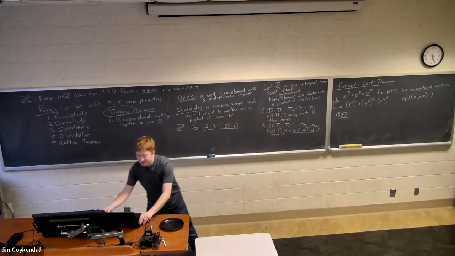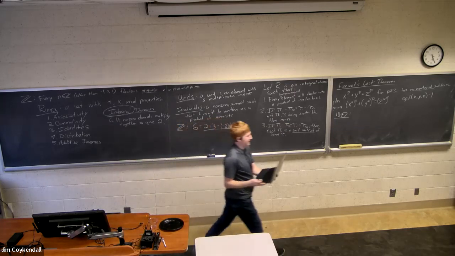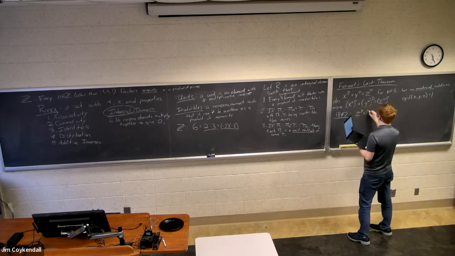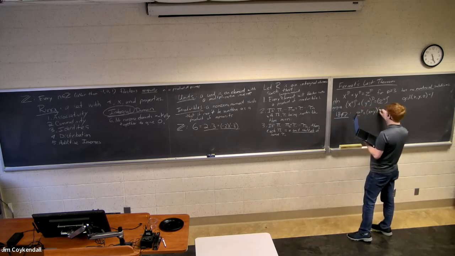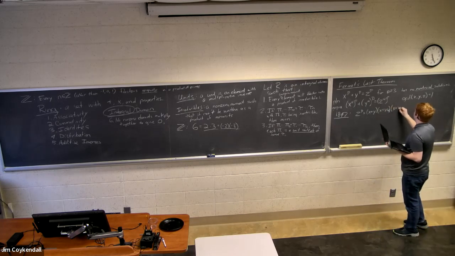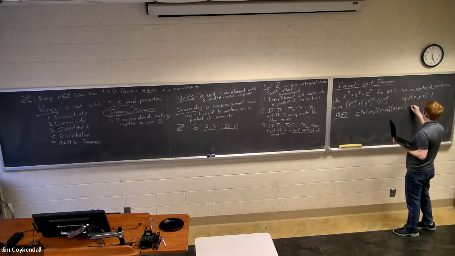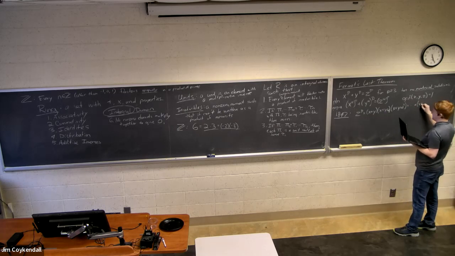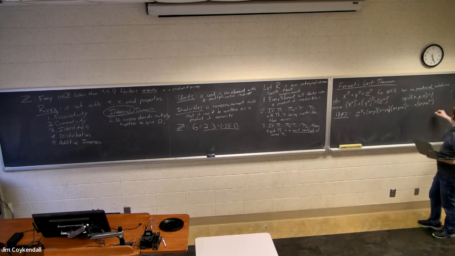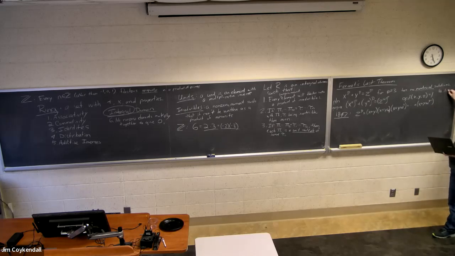So we can factor this as z to the p equals (x plus y) times (x plus y omega) times (x plus y omega squared) and so on up to (x plus y omega to the p minus 1), where omega is a pth root of 1 in the complex numbers.